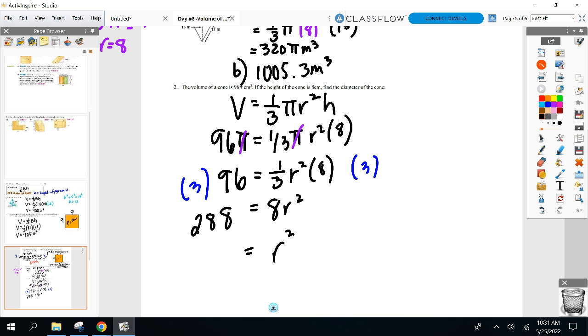What's that one? 36? Yeah. So r equals 6. But again, finish the problem. Diameter. 12 centimeters.